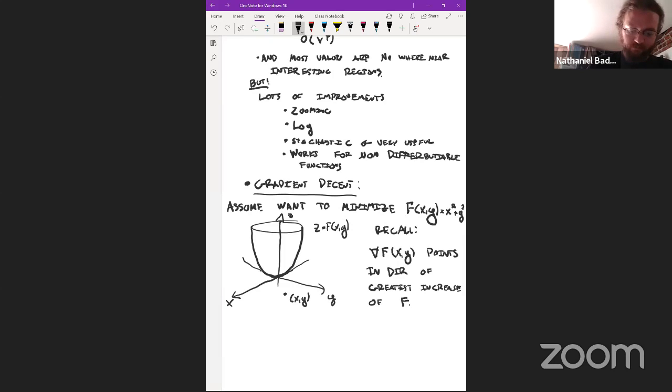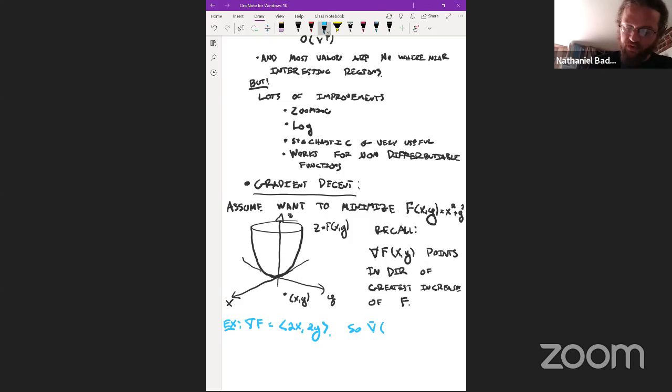So for example, the gradient of f in this case is just 2x. Sorry, let me do my example in different colors so it's clear. Gradient of f is 2x, 2y.